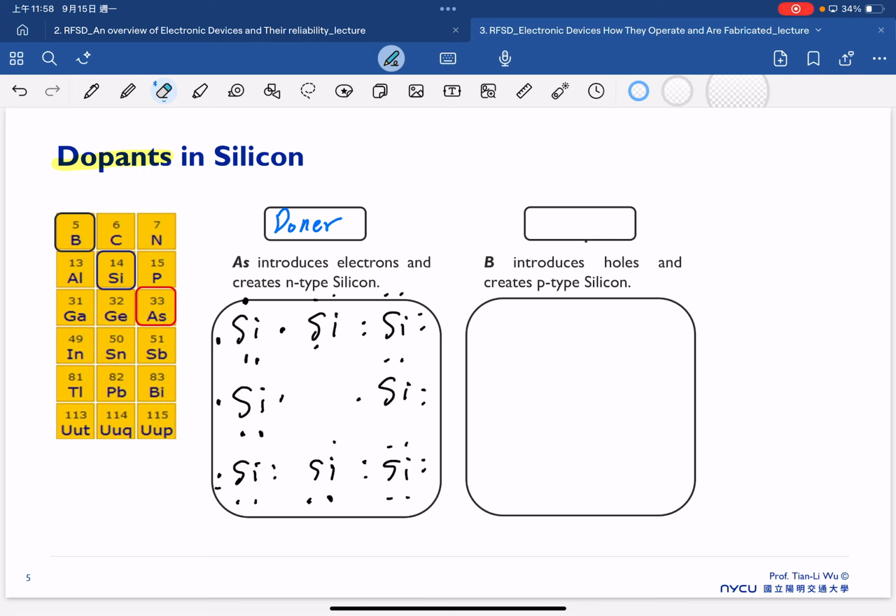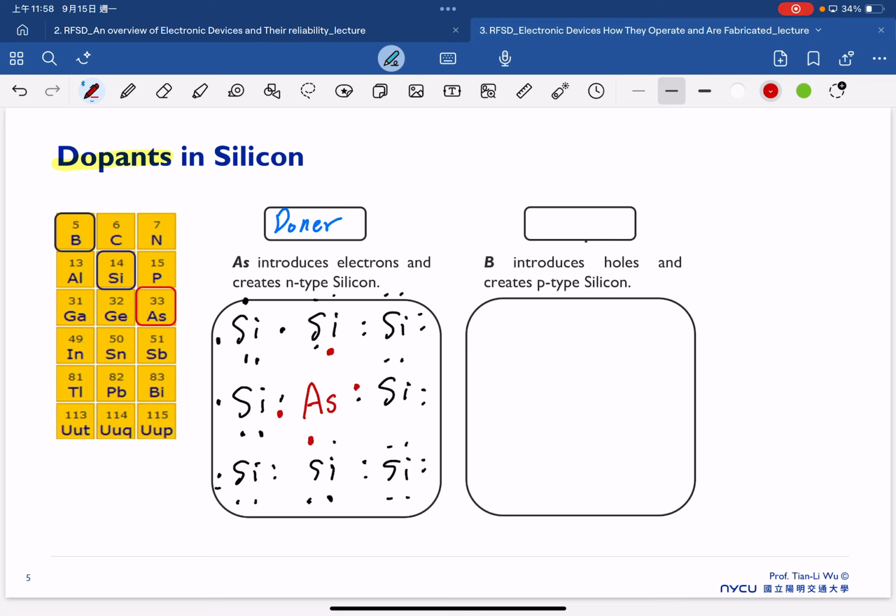But if we try to place a group 5 atom in the middle, group 5 means that this species has 5 electrons in the outer shell. For example, we use arsenic, and arsenic has 5 electrons: 1, 2, 3, 4.